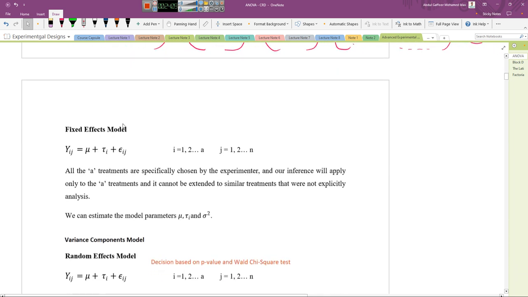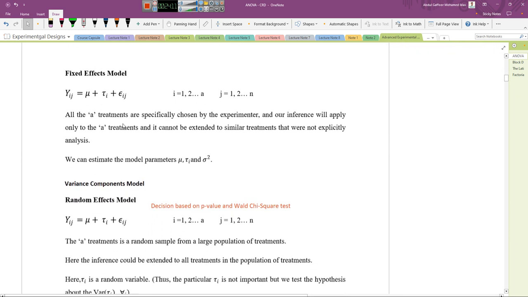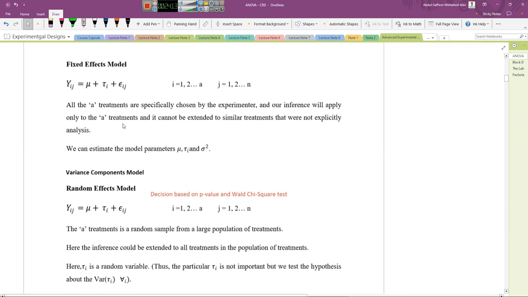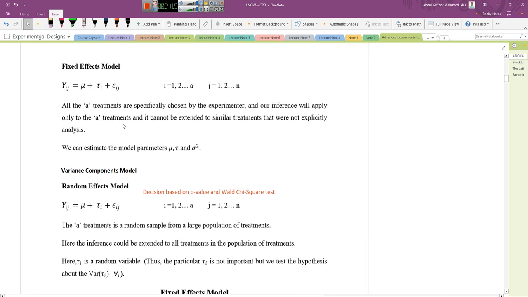Now moving to the fixed effect model. As I told you, we classified models into the mean model and the effect model, and we always use the effect model. Under the effect model we have two types: the fixed effect model and the random effect model.